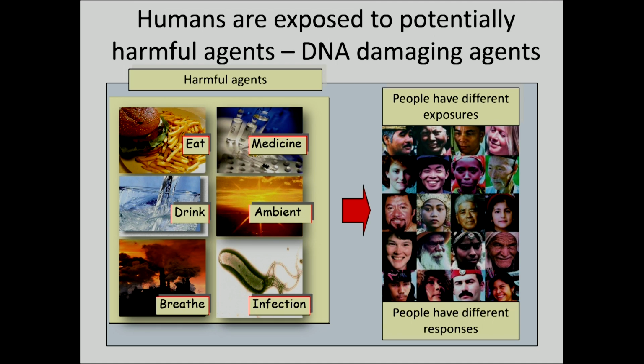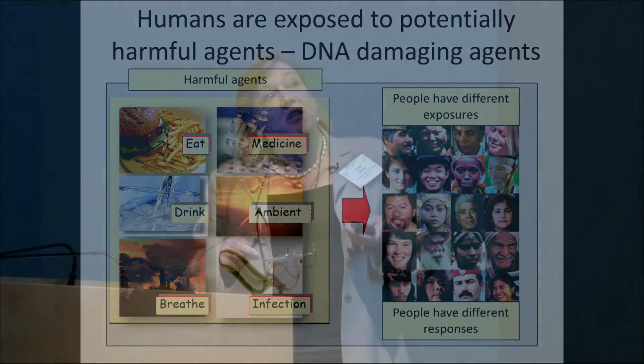The research that we've been doing for many years has been trying to understand why it is that, even if, well, we know that everyone has different exposures throughout their lifetime, even if everyone had the same exposure, we would have different responses because, of course, we have different genomes.